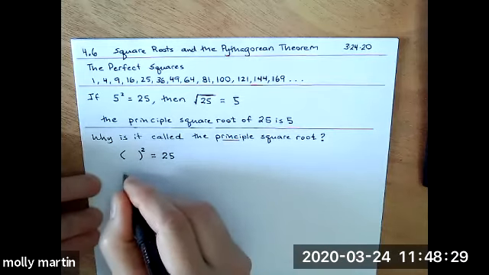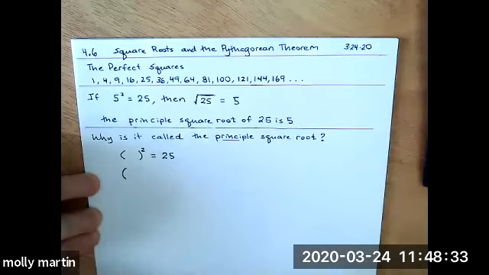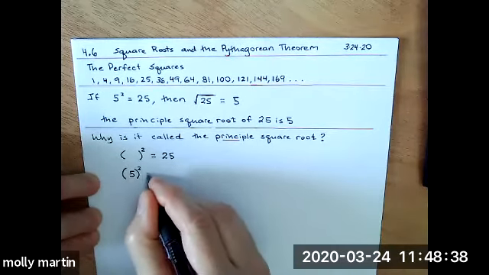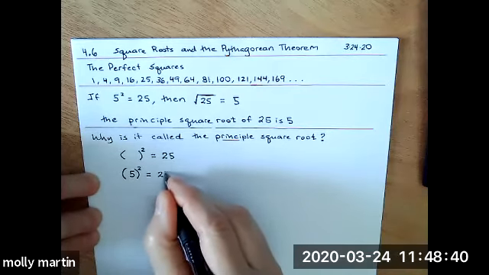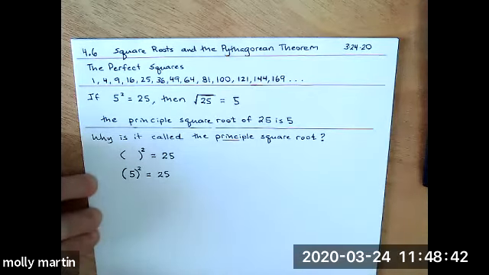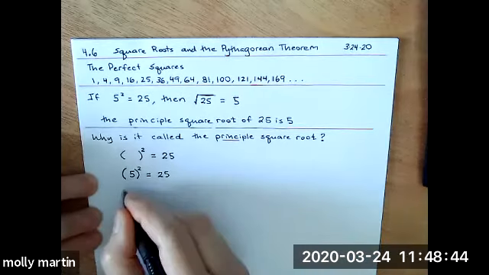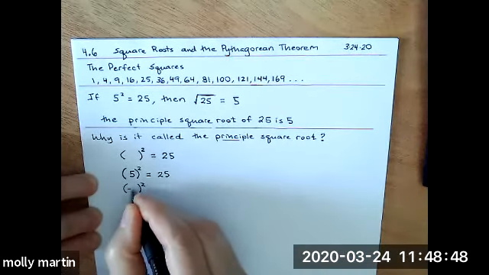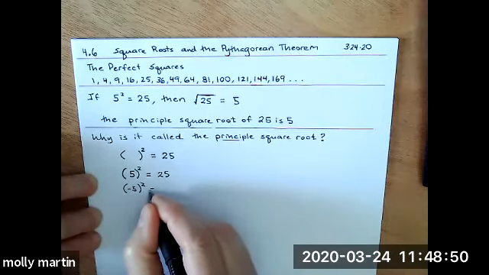Well, it turns out that 25 has 2 square roots, because if you square 5, you get 25, but you can also get 25 if you square -5.